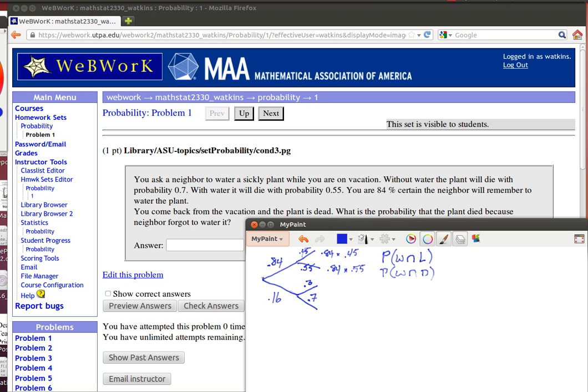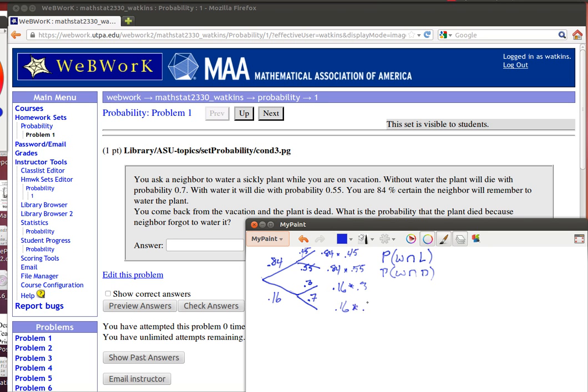Now down here, this is the probability that it does not get watered and yet it still lives. The probability that it's no water and lives, that's going to be 0.16 times 0.3, and down here it'll be 0.16 times 0.7.